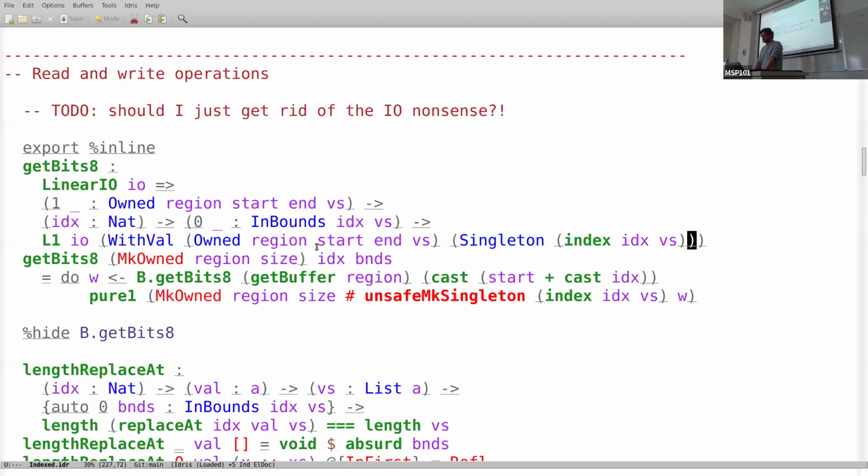That's essentially reading from the buffer, but in a way that reflects the value that we get at runtime with respect to the indices. In a way, this is a bit like this. Here we get back a value, and then we also get a proof that it is equal to whatever was stored in memory. So this is exactly what this is encoding. And we still have the information.